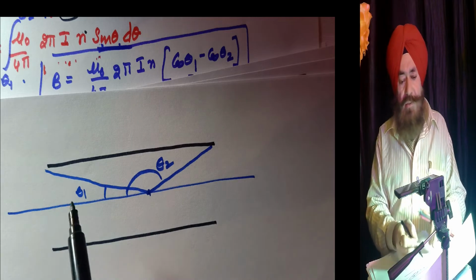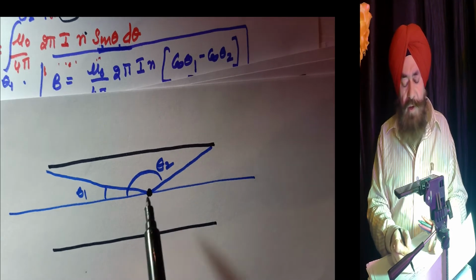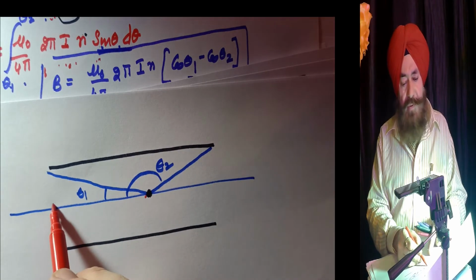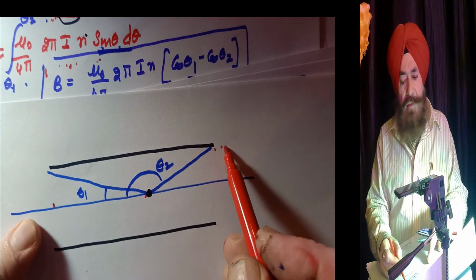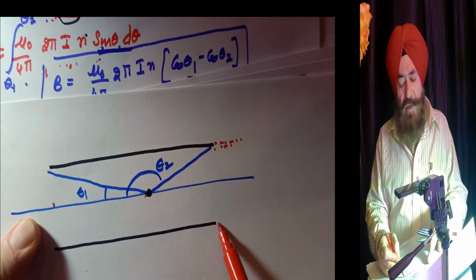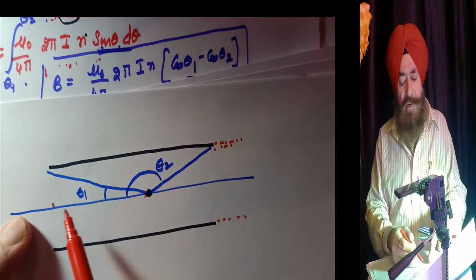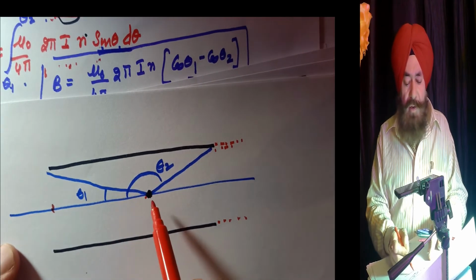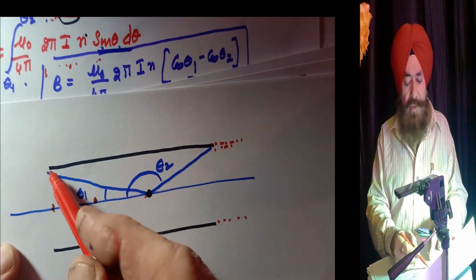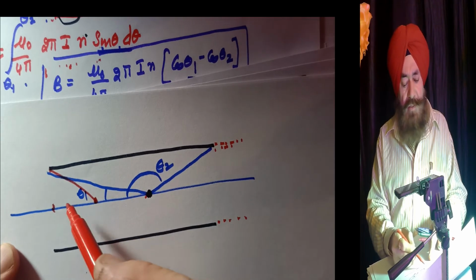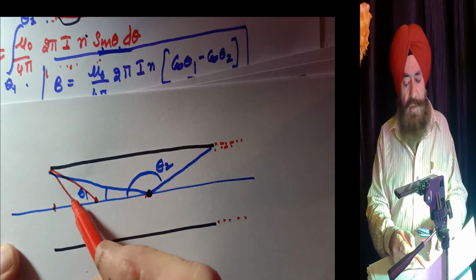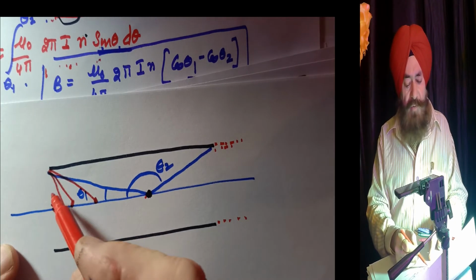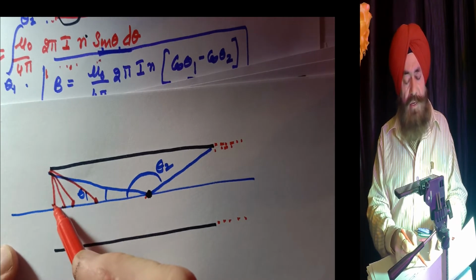Now a special case. If the observation point is at this end, and the solenoid from the other end is infinitely long, then what happens to the magnetic field? Now if this point comes here, theta 1 increases. If it comes here, it increases. If it comes here, it becomes 90 degrees.